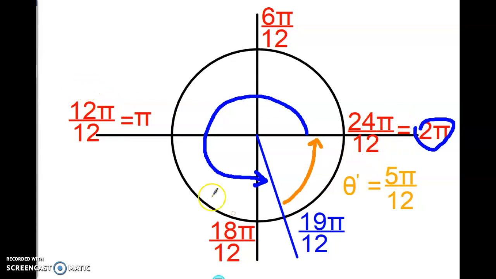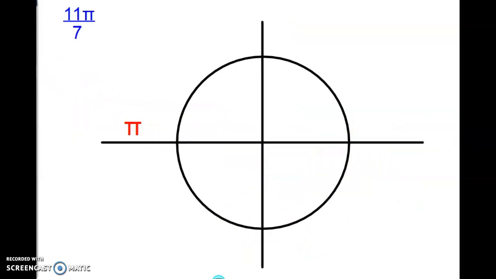Let me do one more quick problem with you. And here we have 11 pi over 7. Well, guess what, folks? I know that this is 7 pi over 7. Half of 7 is 3.5. This is the only time I will ever allow you to put a decimal in a fraction is when you're doing these type of problems. 3.5 plus 7 down here must be 10.5 pi over 7 radians.